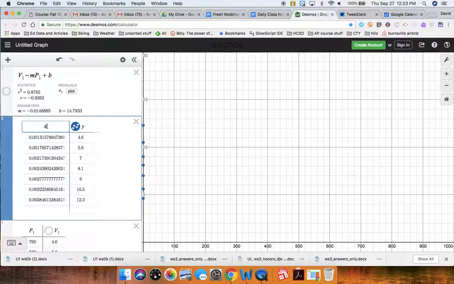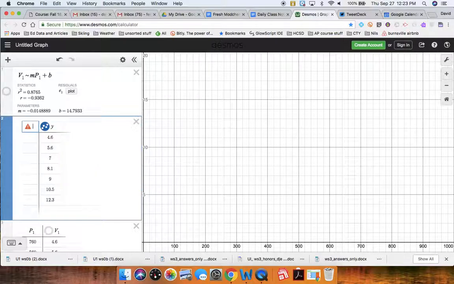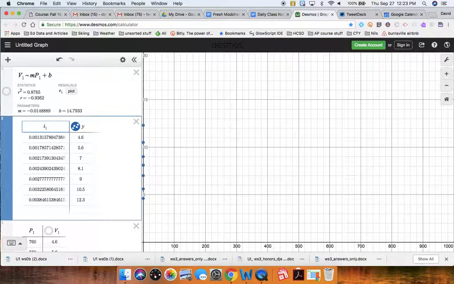X was the inverses of my pressures, so I'm going to put I1 as a label there, and the y-axis was my volumes. So I'm going to use V, but V1 is already taken, so I'm going to change this to V2. Now I'm going to change my scale to make this look a little bit better.